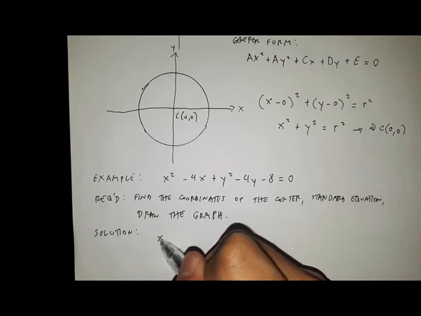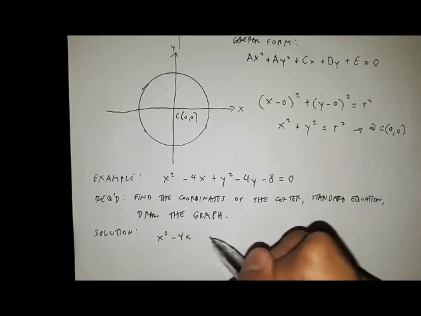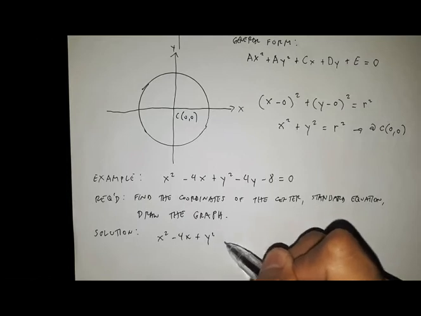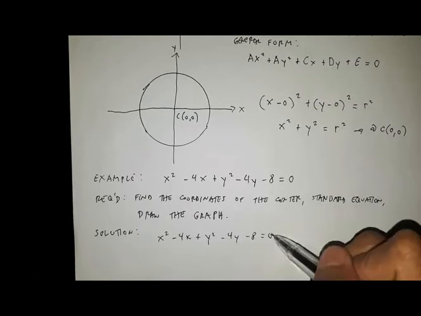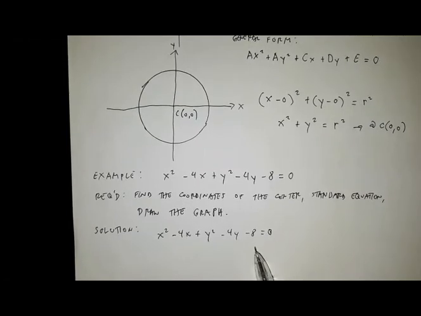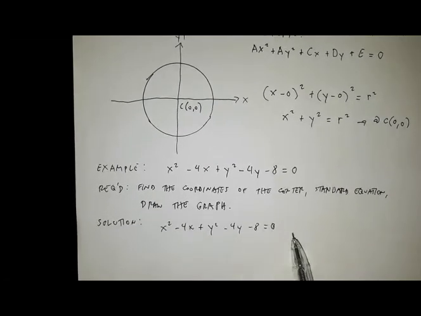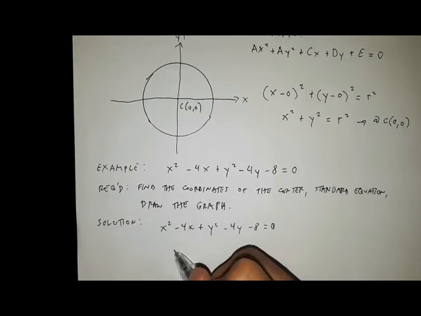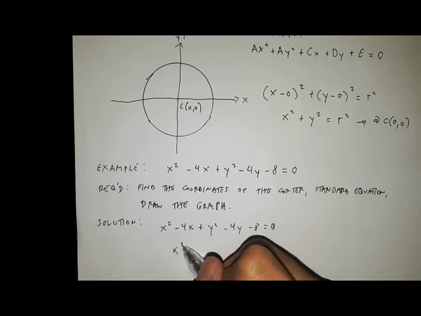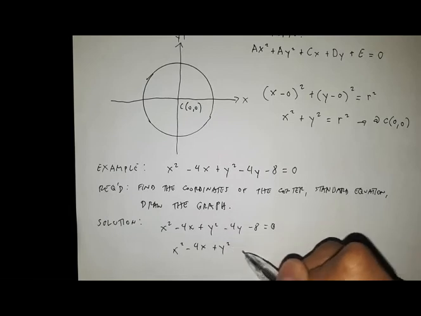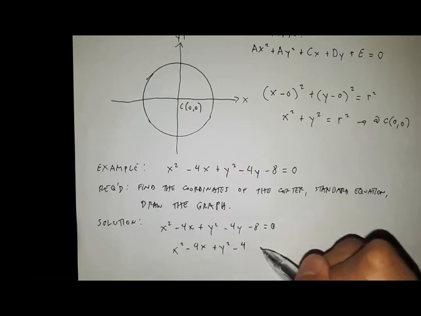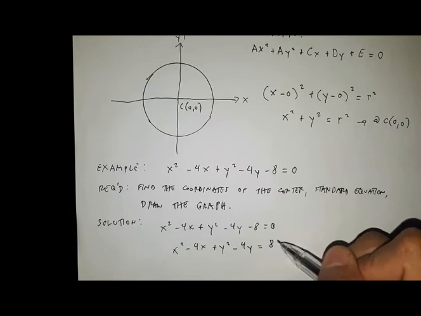So we have x squared minus 4x plus y squared minus 4y minus 8 equals 0. Now let's isolate the constant. Let's transpose the constant on the other side of the equation. So we have x squared minus 4x plus y squared minus 4y equals 8.